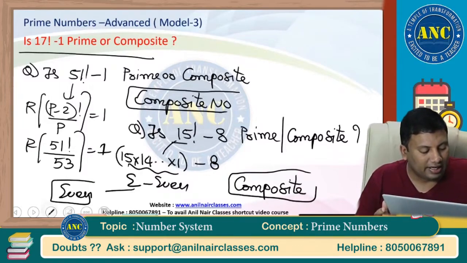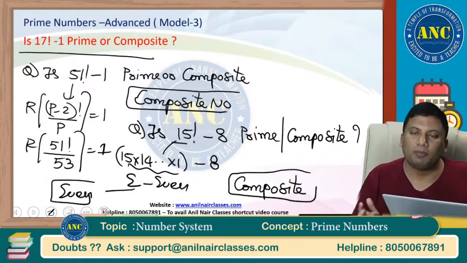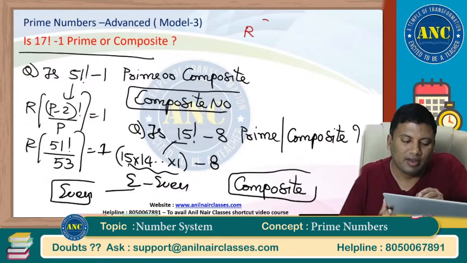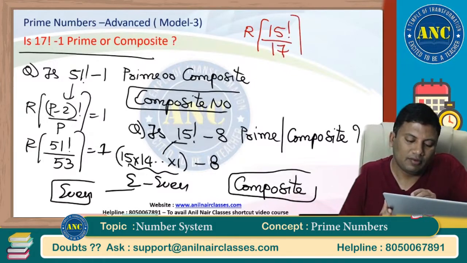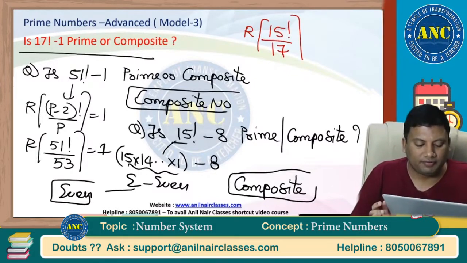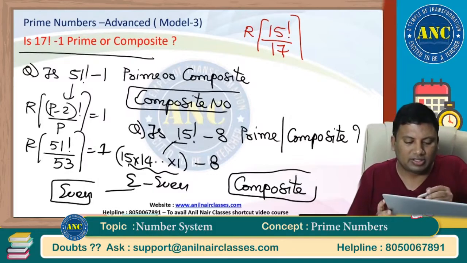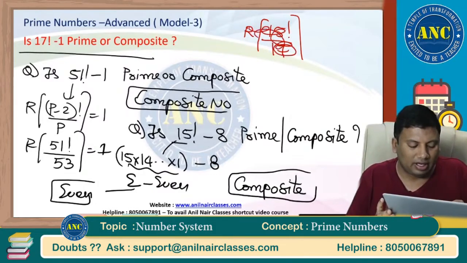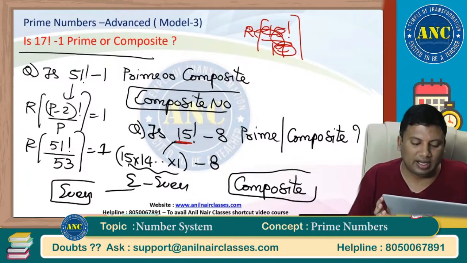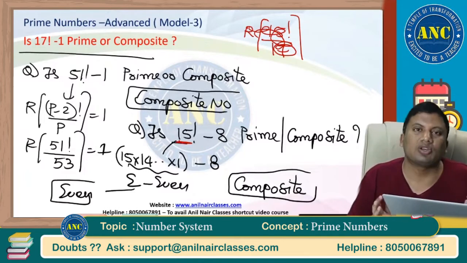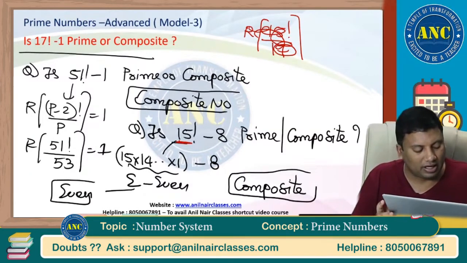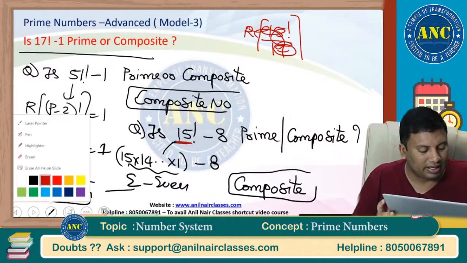I hope the idea is clear. Or you can also use 15 factorial. This is the best method, sir. 15 factorial minus 8: 15 factorial contains 2, and 8 is also divisible by 2, so the answer is divisible by 2.